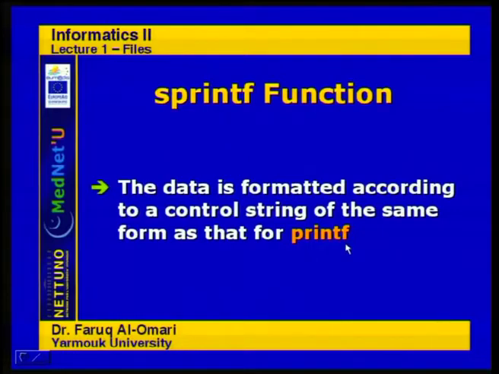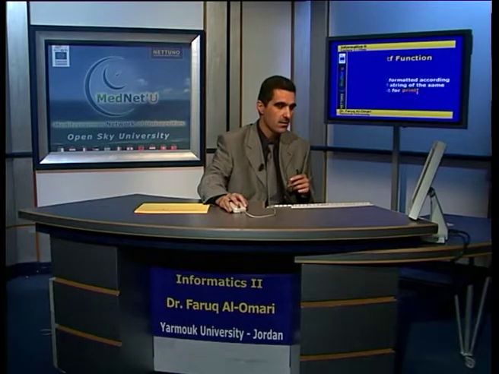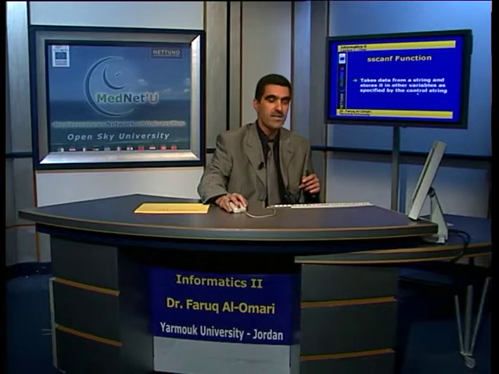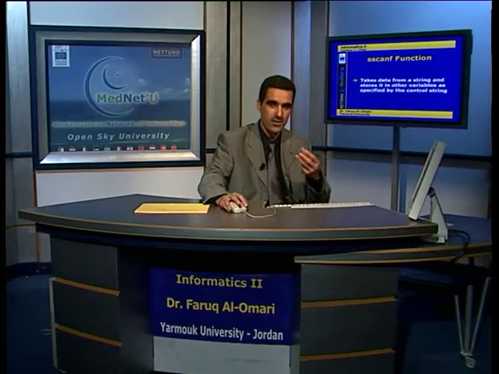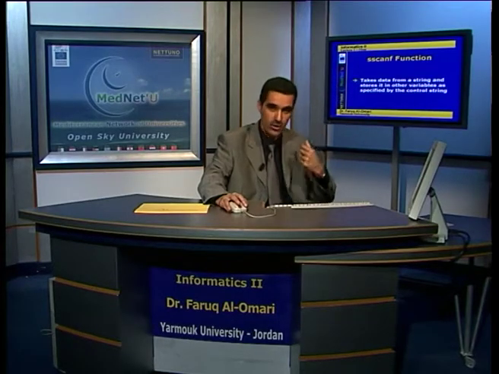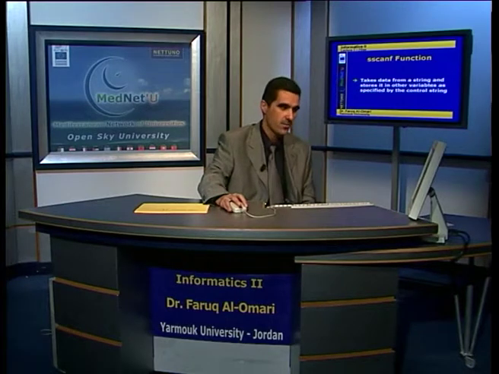So pretty much we're talking about the same format in here. For scanf, and that's to read a string of characters from an already open file, it takes that data. Again, it's an array of characters, and it's arranged somehow inside the file, and you're going to read it as a structure from there.